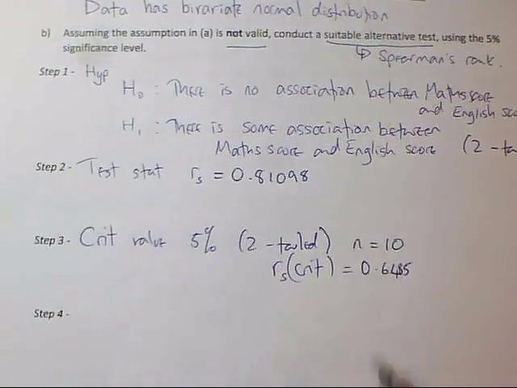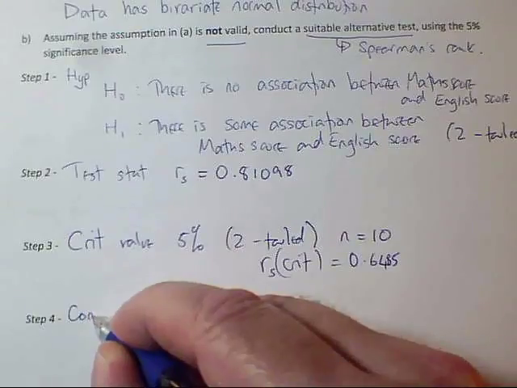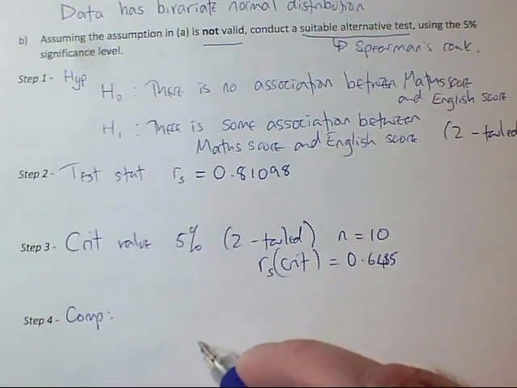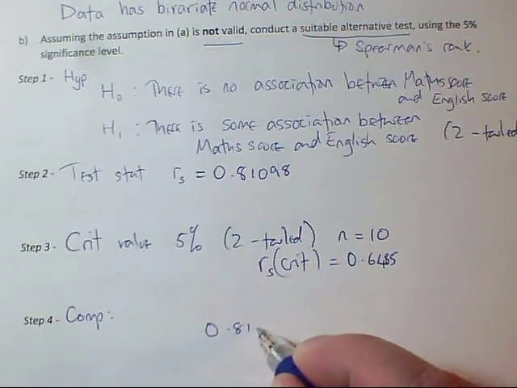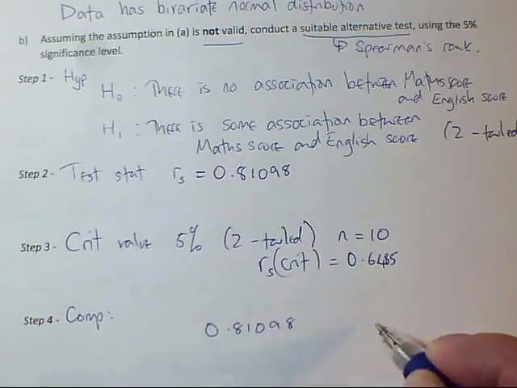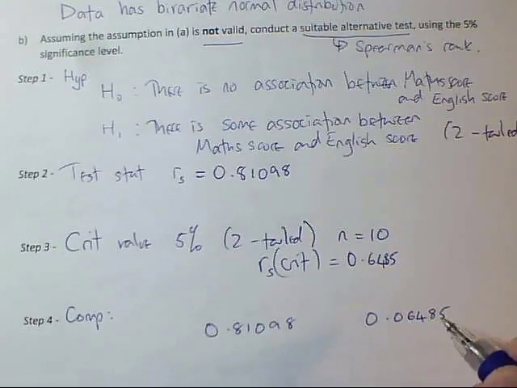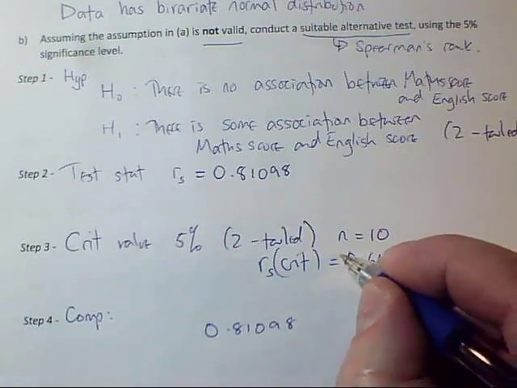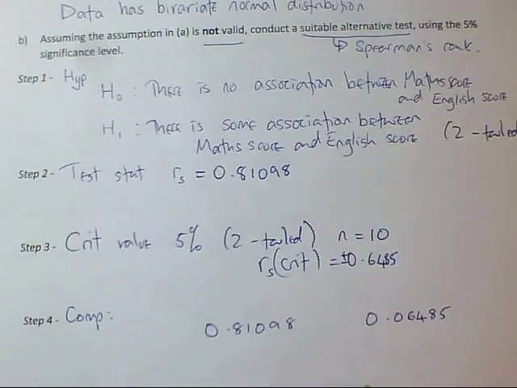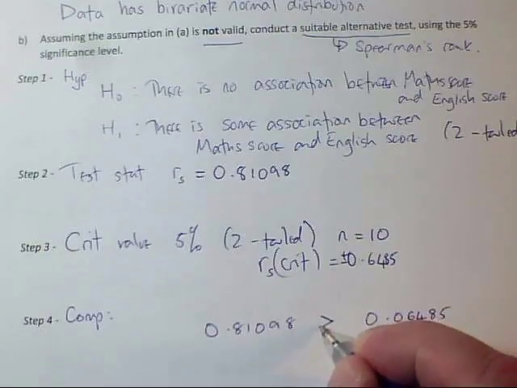So I need to do my comparison. Step 4 is my comparison. So I've got my test statistic of 0.81098, and I've got my critical value of 0.6485. It's two-tailed, so actually I have two critical values, plus or minus these, okay? So it's actually only the positive one that I need to compare with, because it beats this.